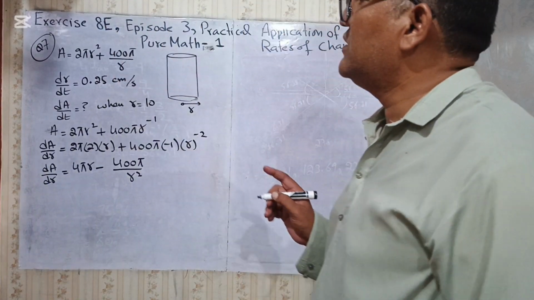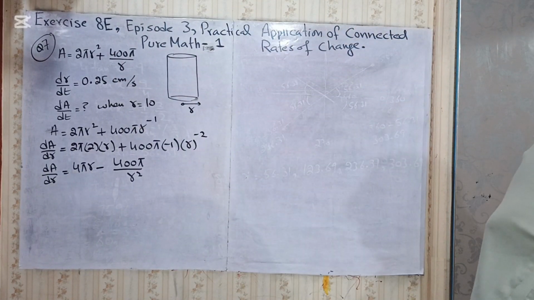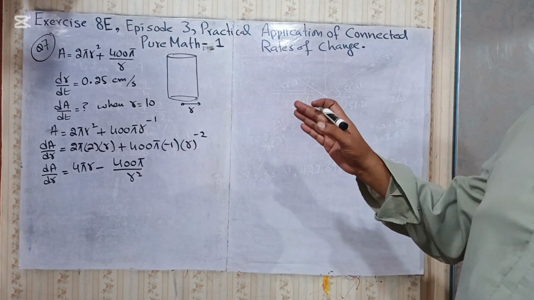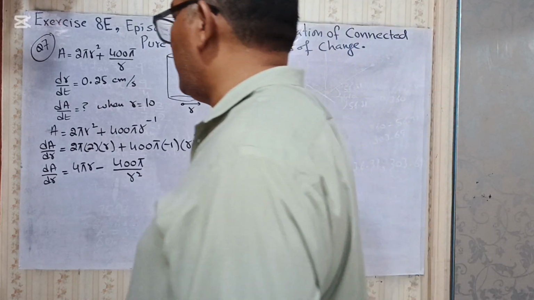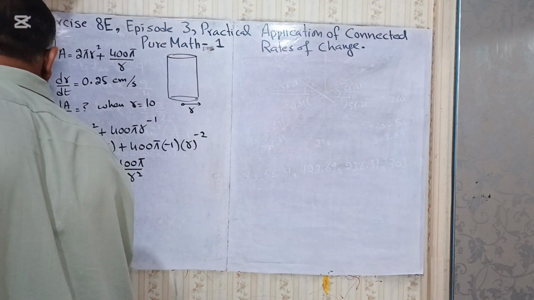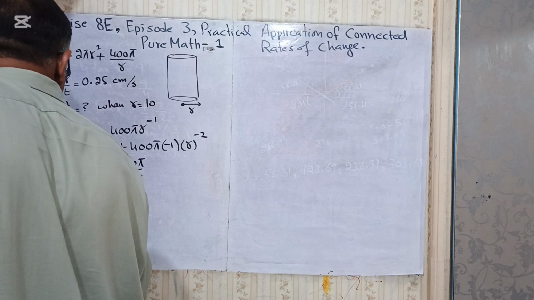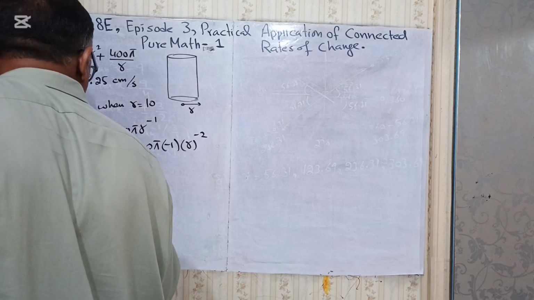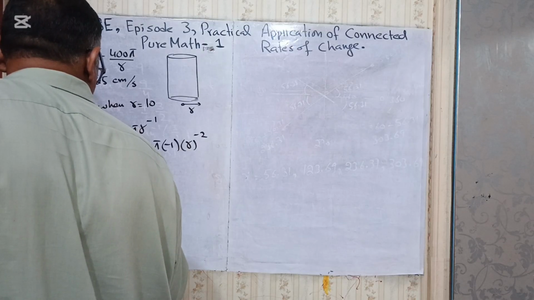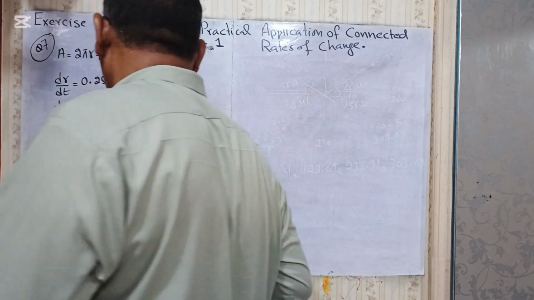Okay, now you know the radius value when the radius is equal to 10. So I will put r equals 10. So you will have dA by dr equals 4 pi, the r value is 10, minus 400 pi, the r value is 10, so it's square.